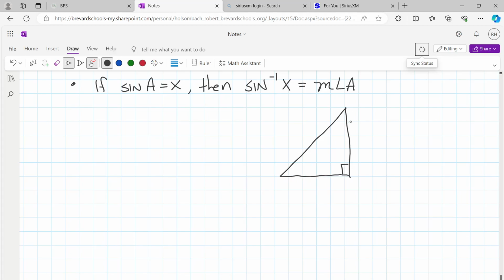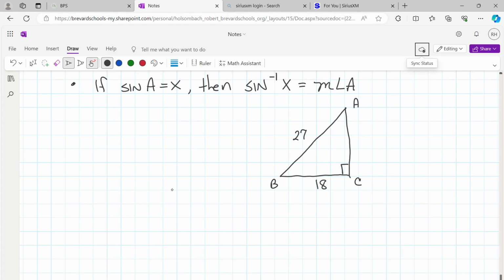All right, so we've got this right triangle, ABC. We're given a side, the hypotenuse is 27. Side BC is 18. Use a calculator to find the measure of angle A to the nearest tenth.